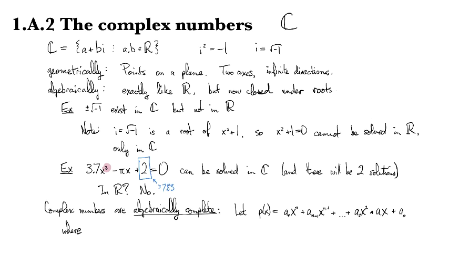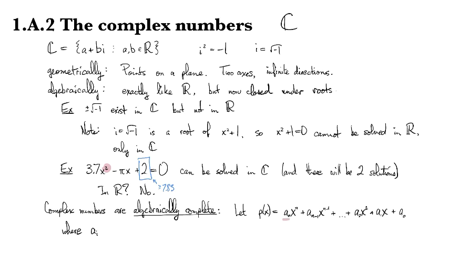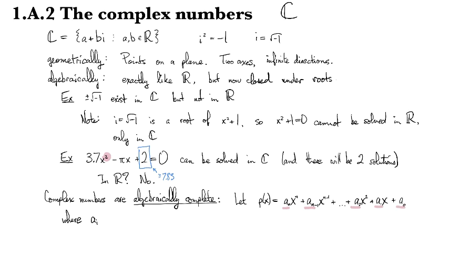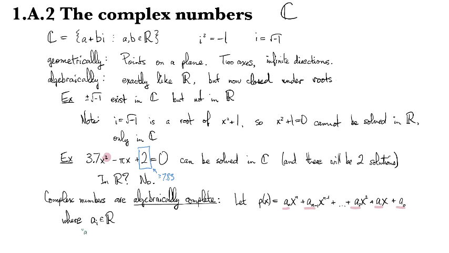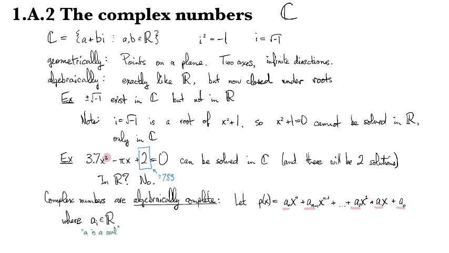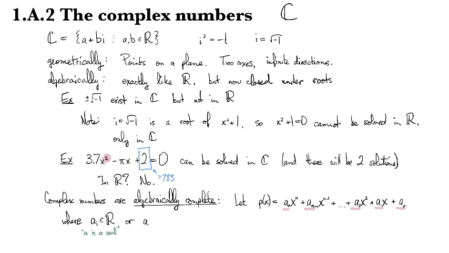And if all of these coefficients, these a_i's, the coefficients in front of the x's all the way along here, are real numbers, and if you haven't seen this element symbol before, this just means a_i is a real. Or a complex.